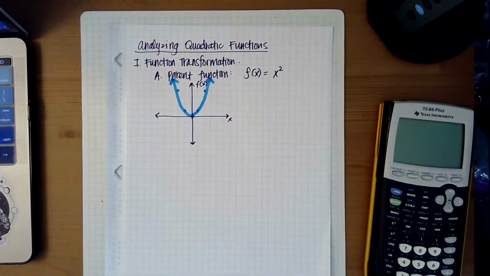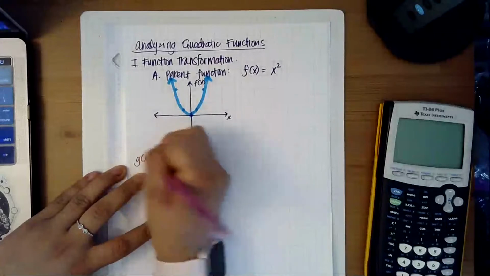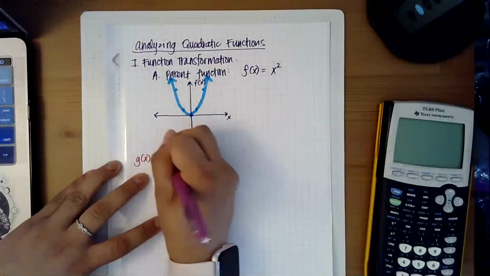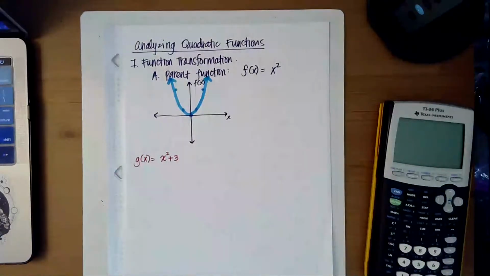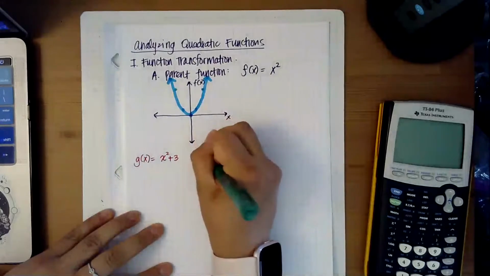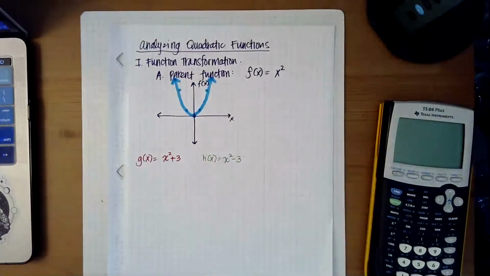Now, I'm going to also graph 3 other functions just so we recognize what's happening here. So I'm going to graph g of x, which is x squared plus 3. I'm going to also graph h of x, which is x squared minus 3. And I'm going to graph, let me find another color.